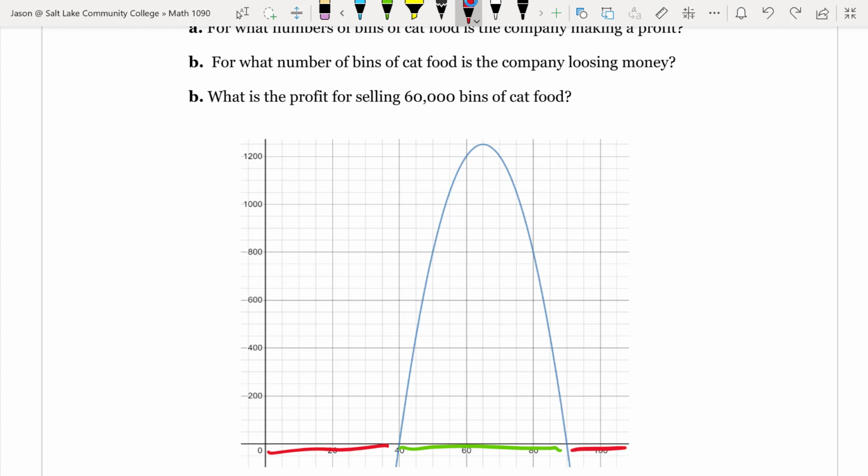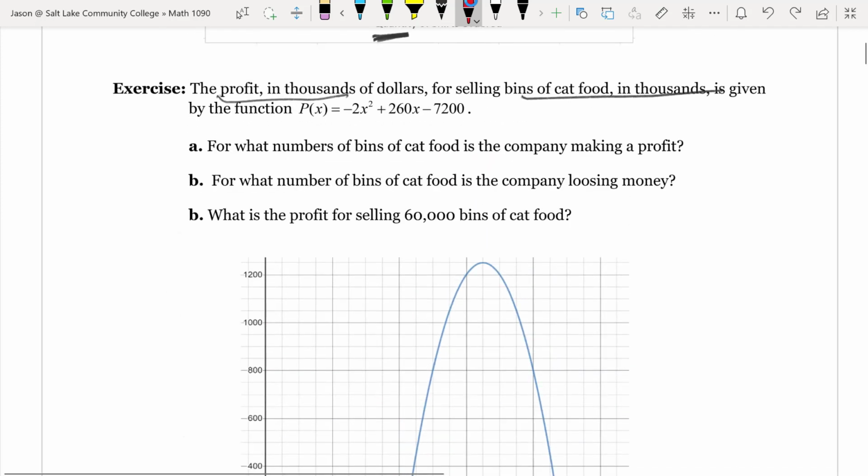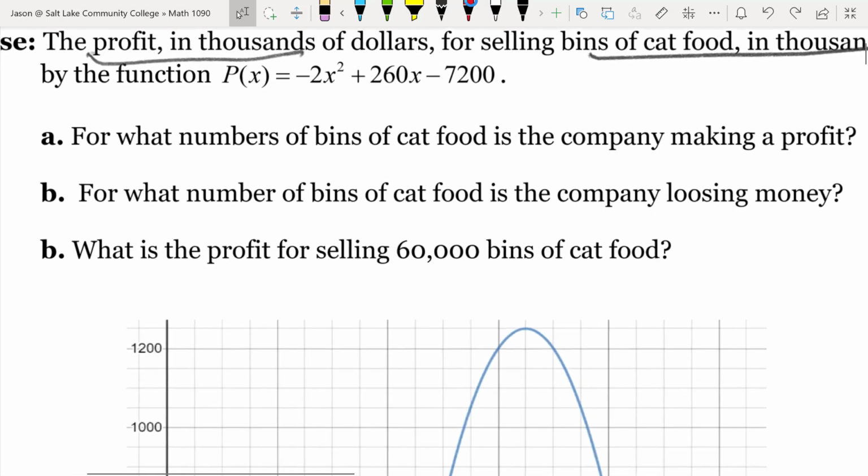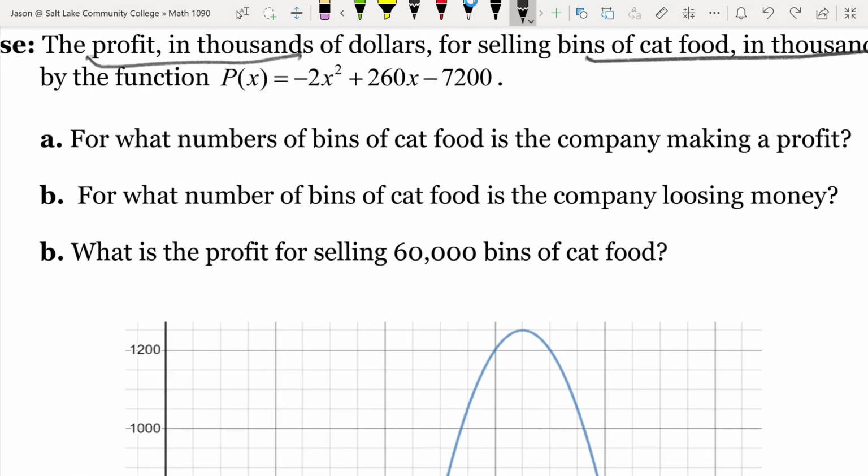So I think we could see here for part A. Okay, so for what numbers of bins of cat food is the company making a profit? It's going to be between 40,000, 40K, and 90K.